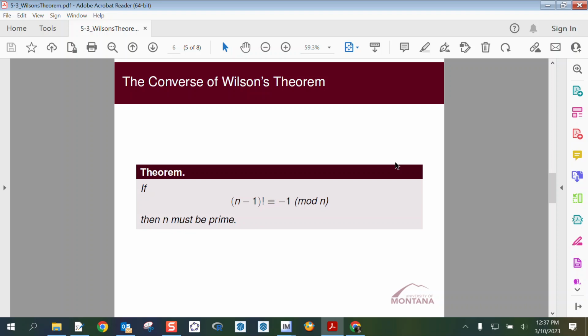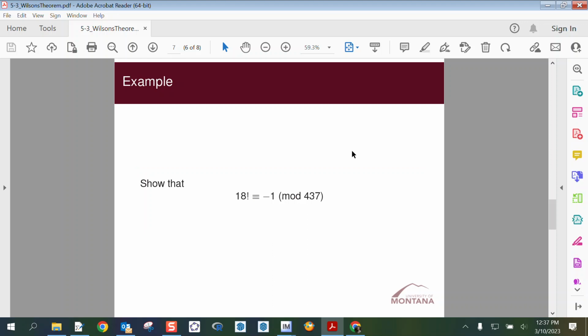That's probably as cumbersome as a brute force search or trial division itself. So just a little side note: the converse is actually true too, but it's of little utility in terms of determining primality. Okay, let's take a look at an example, and then we'll move on.